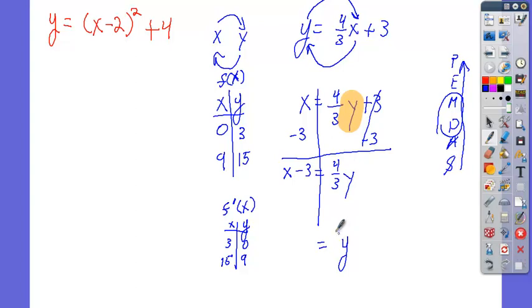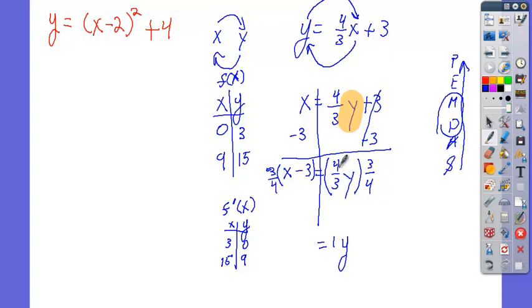And so the magic number, or the invisible ghost number in front of the y, is 1. So I have to find a number that I can multiply the 4 over 3 by in order to get to the number 1. And the easiest way to do that is just to multiply by the reciprocal, and so, 3 over 4.